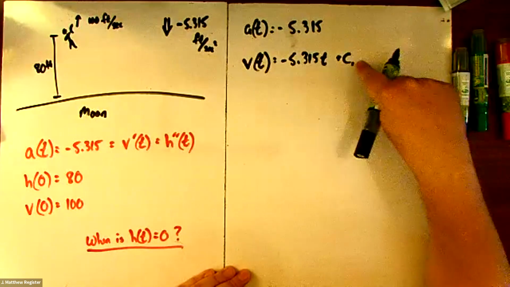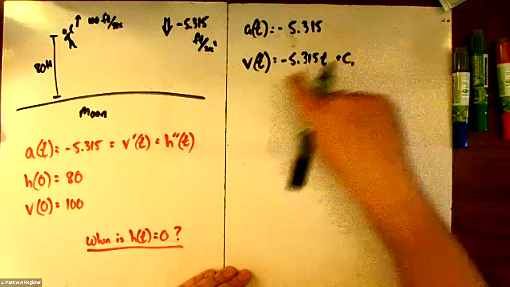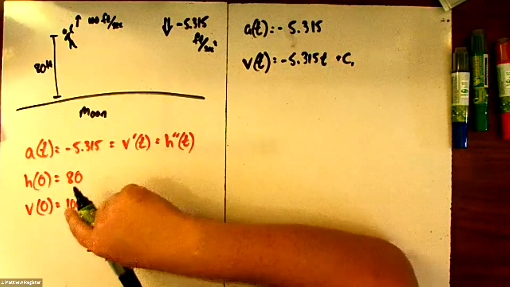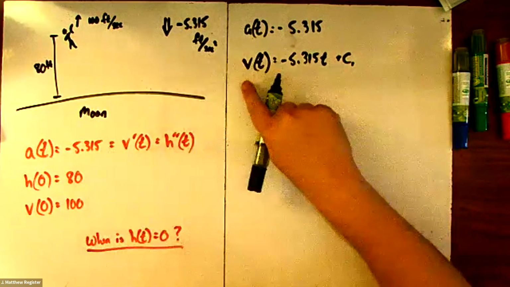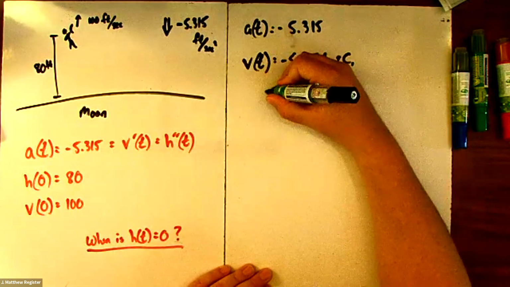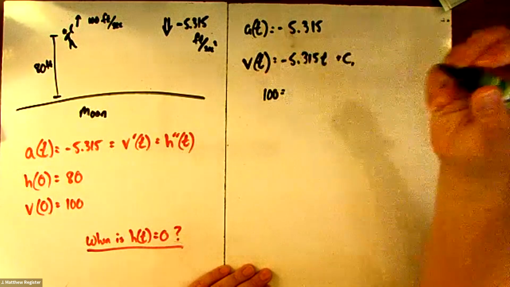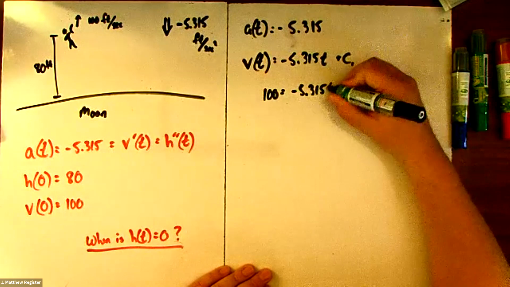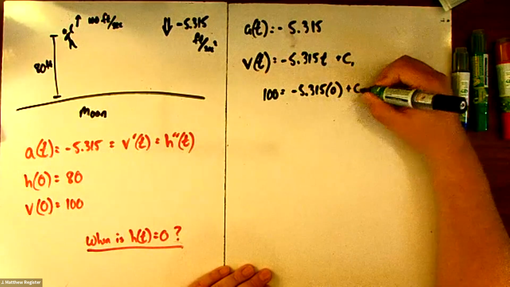In order to figure out what c1 is, technically it's going to be v of 0, but if we didn't know that, we could plug v of 0 equals 100 into this equation. That would give us 100 is equal to negative 5.315 times 0 plus c1.